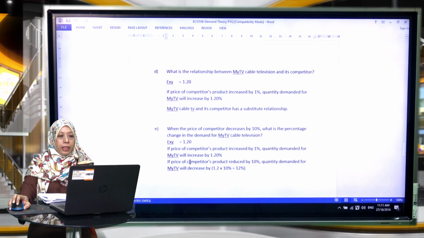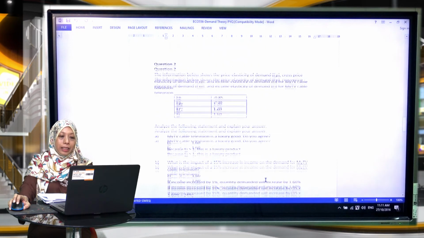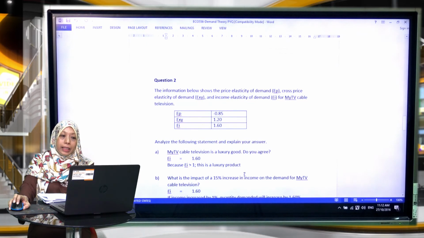All right, so this is how we look at the effect of a change in competitors' price on the demand for your product. So the second exercise hopefully will help you to understand why we actually calculate the different types of elasticity of demand.